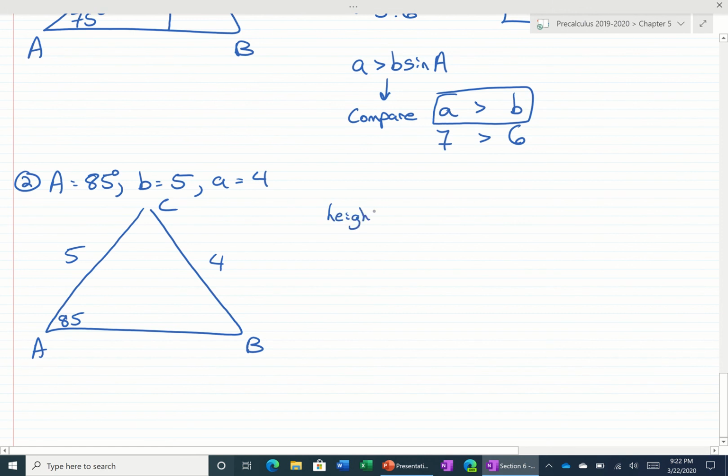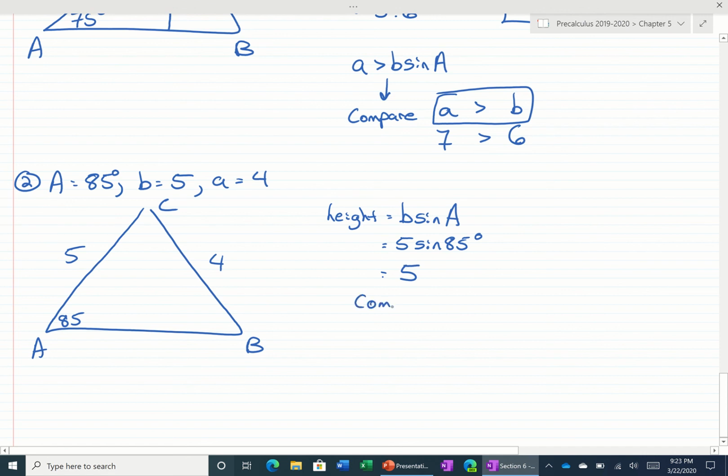The height is always B times the sine of angle A. So that's 5 times the sine of 85. The calculator's telling me that's 4.98. Round it to be 5.